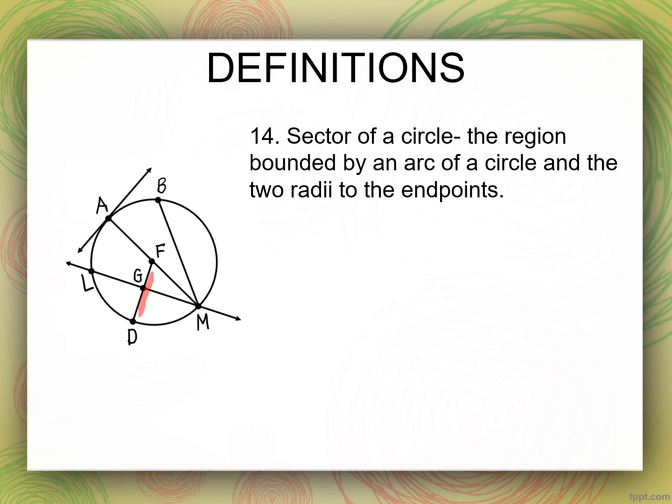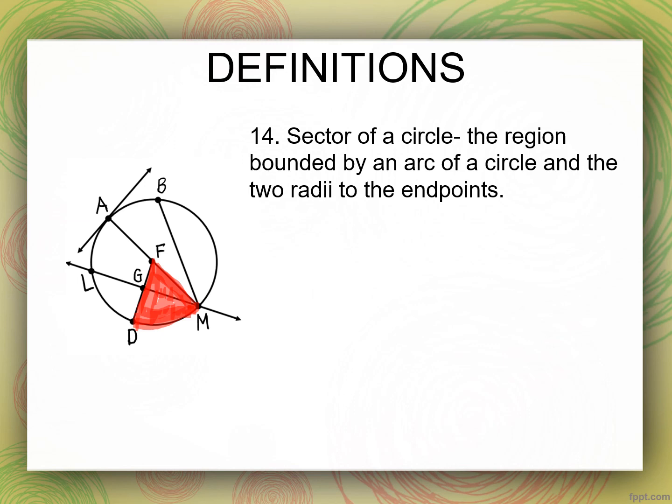Let's color it, okay? Okay. So this one is considered as a sector. As you can see, it is bounded by an arc, arc DM, okay? And the two radii. So we have two radii here, FD and FM.